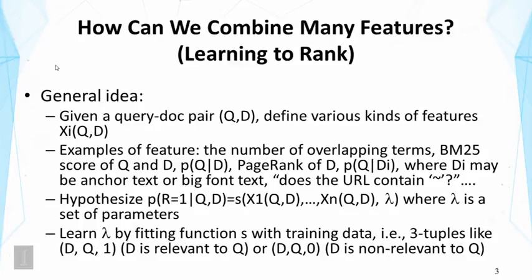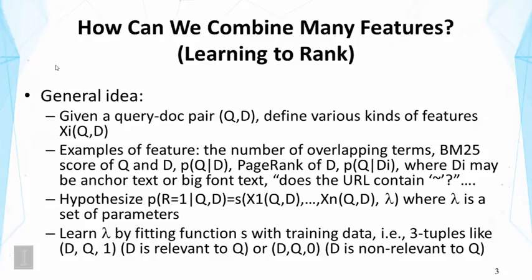So we will assume that given a query document pair, Q and D, we can define a number of features. And these features can vary from content-based features, such as a score of the document with respect to the query according to a retrieval function, such as BM25 or Query Likelihood or Pivot Normalization or PL2, etc. It can also be a link-based score like PageRank score.